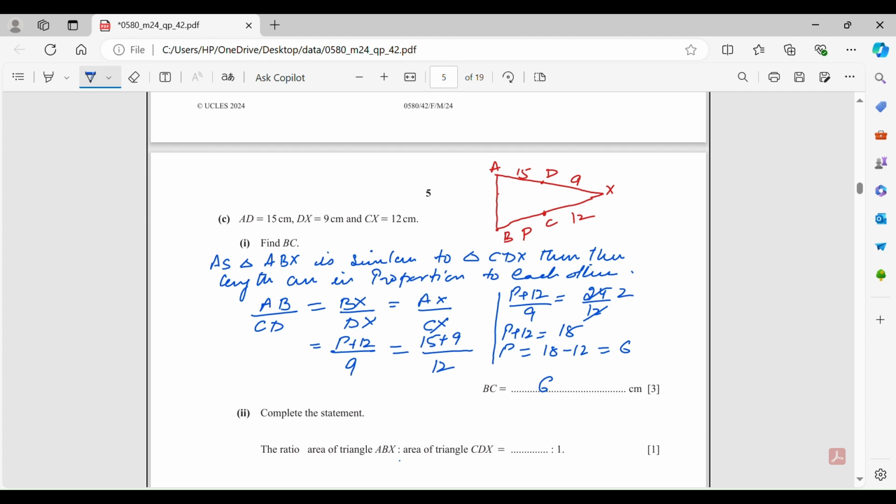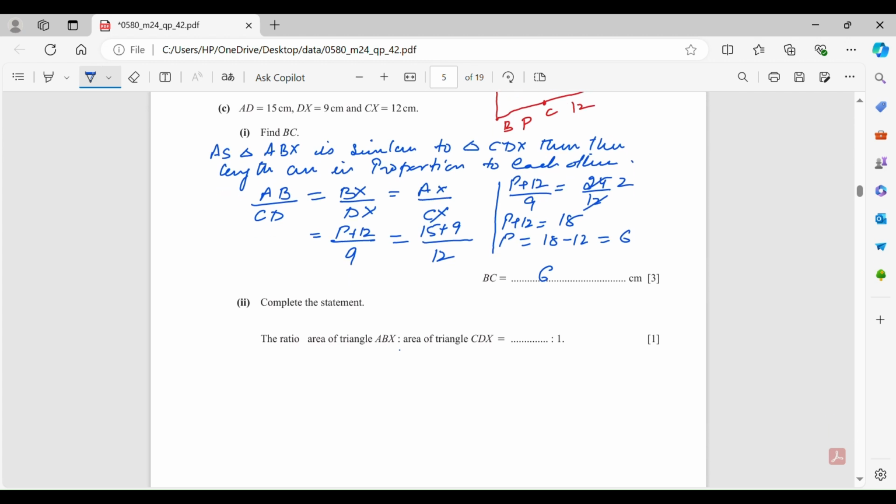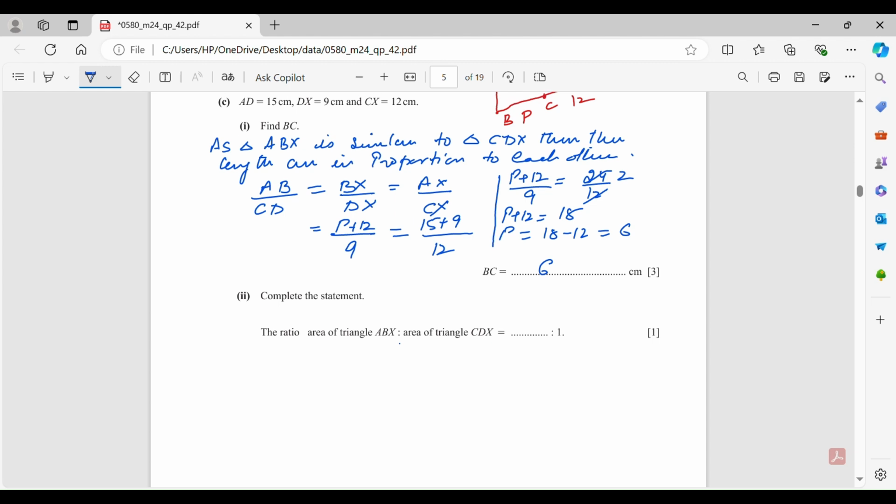Next, complete the statement. The ratio of the area of triangle ABX to the area of triangle CDX is equal to, okay, area of triangle ABX over area of triangle CDX equals AX over CX squared.